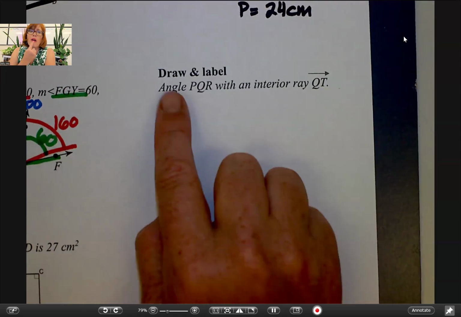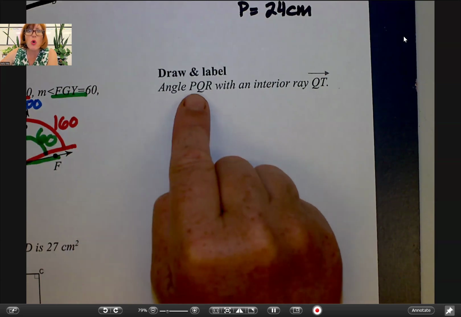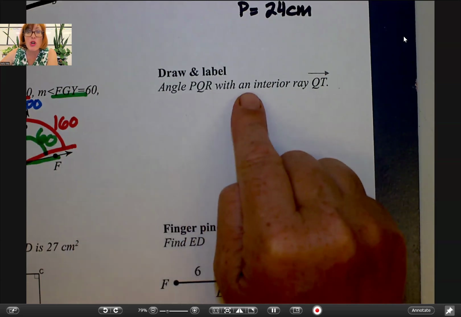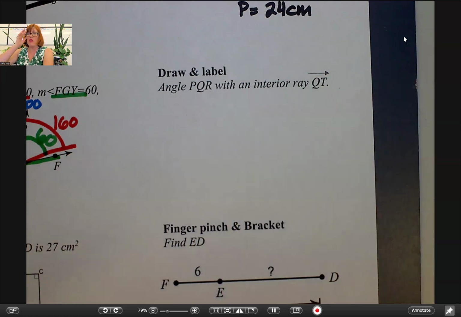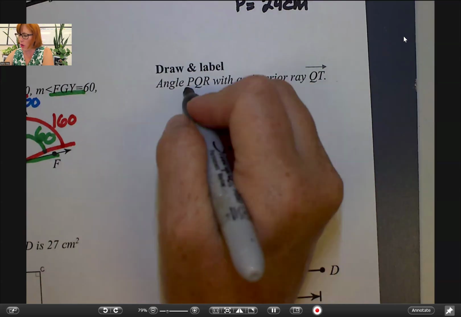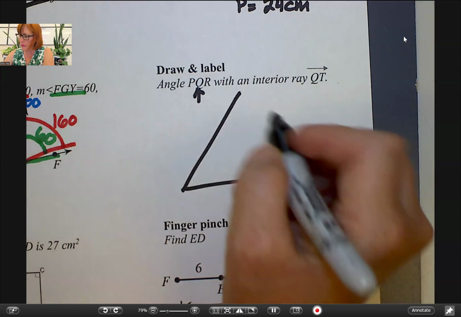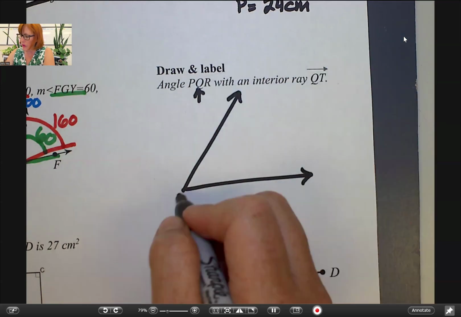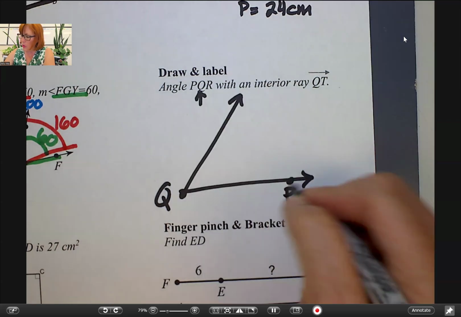So out loud, read this. You mouthed it, you should have written, and then we're just going to draw it. We have an angle, PQR. Q is the hinge. P, PQR.